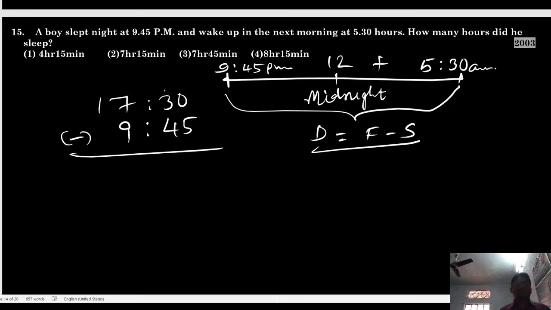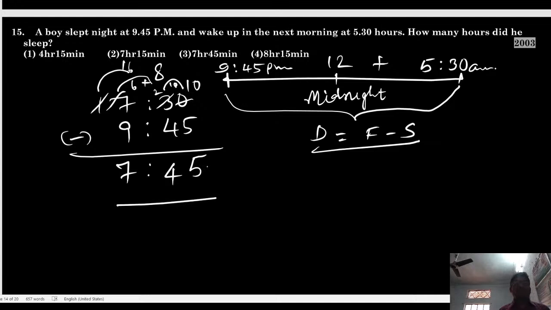Subtract: 10 minus 5 is 5, 8 minus 4 is 4, and 16 minus 9 is 7. So the answer is 7 hours 45 minutes, option 3.